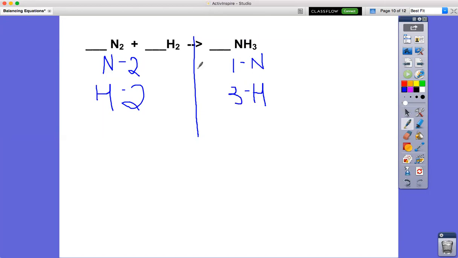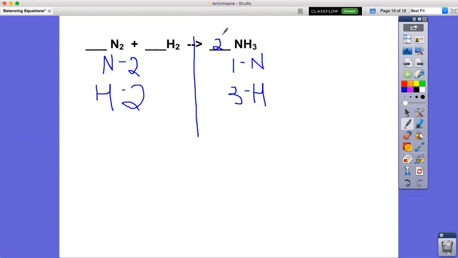Okay, so neither one's balanced, are they? Nothing's balanced. Okay, so let's try. Remember I said a lot of times I like to do the 2 times the 3 to see what happens. And I like to start with the lowest number. So let's try putting a 2 right here.